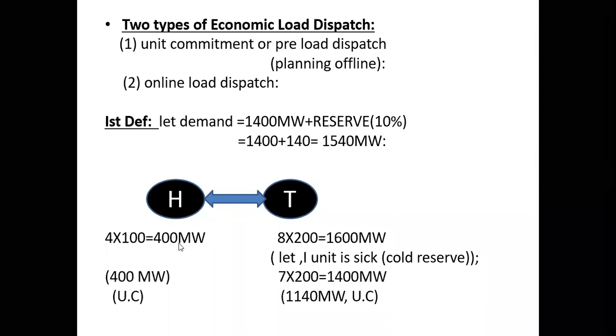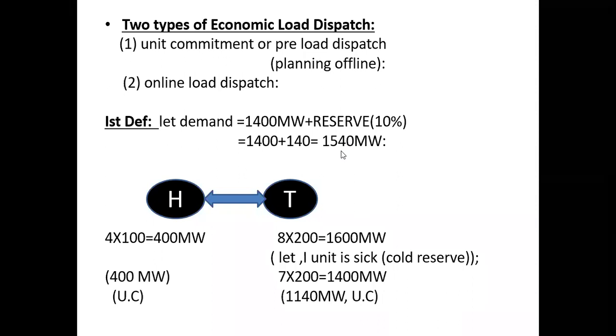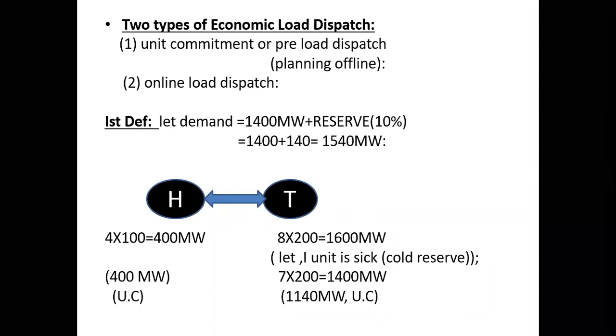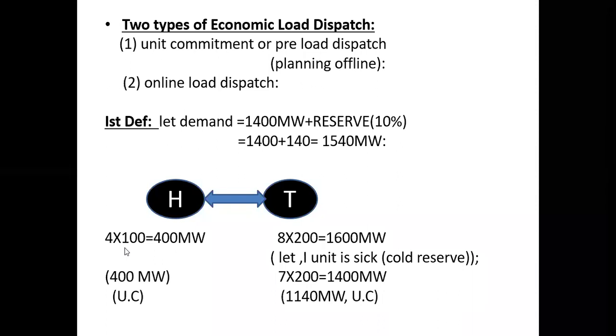So here we have 400 megawatts, and here we have 1400 megawatts, but our load requirement is only 1540 megawatts. The thing is, how to minimize the fuel cost in order to meet this load requirement by operating these two power plants. Generally, here we can operate all 4 hydel units.